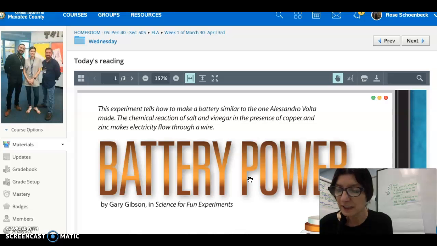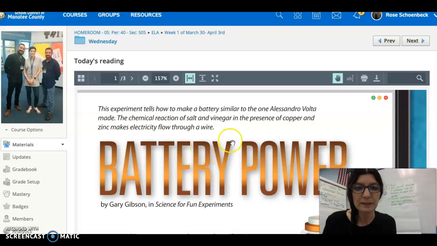A scientific text teaches you facts and ideas about our natural world. And a technical text is a set of instructions that teaches you how something works or how to use or make or do something. All right, so today we're going to read this technical text. So remember, that's like a set of directions or instructions. And we're going to read to understand what this text is all about. Okay, so let's look at this right now.